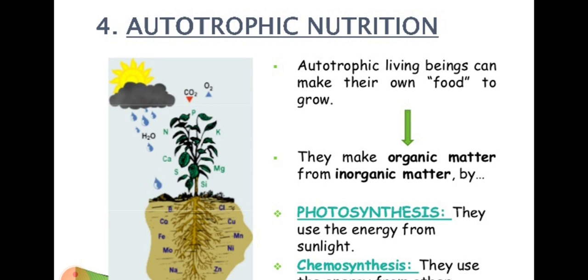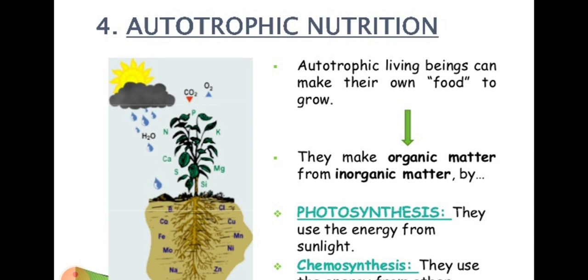Our body can't make food from carbon dioxide and water present around us by the process of photosynthesis. Why? This is because our body doesn't have the green pigment called chlorophyll, which the plants have.